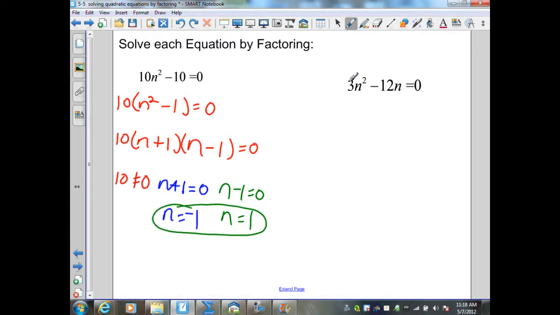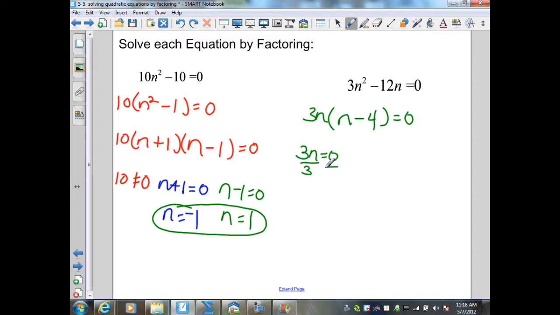My next example, again, it's in standard form. So I'll find a GCF. Here my GCF is 3n. So I'll factor out a 3n. That leaves me n minus 4 equals 0. When I use the product rule, and this is why I practiced the 10 on this one, I need to set this term equal to 0. And when I do, that's going to give me 3n equals 0.